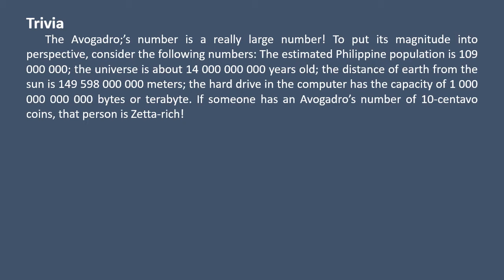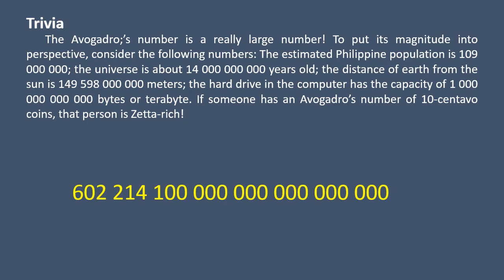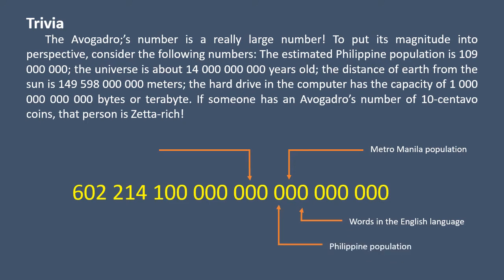So here is the figure for the Avogadro's number. Isn't it large? Over 1 million are words in the English language. Tens of millions is the Metro Manila's population. Over hundreds of millions is the Philippines' population. Tens of billions is the age of the universe. Over 100 billion is the Earth's distance from the Sun.